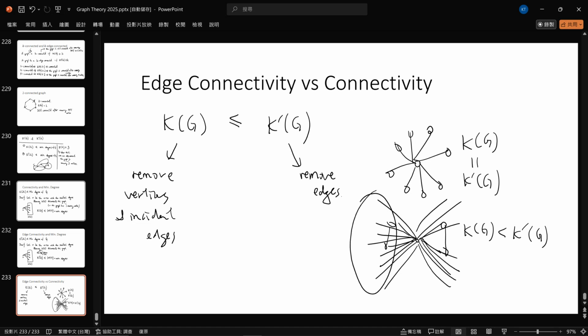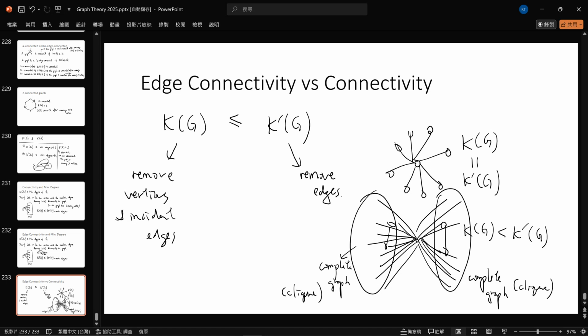And all of this is a complete graph, sometimes we call it a clique. So you have two components, two complete graphs joined by a single vertex here.